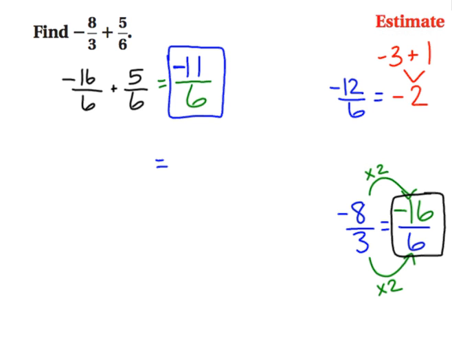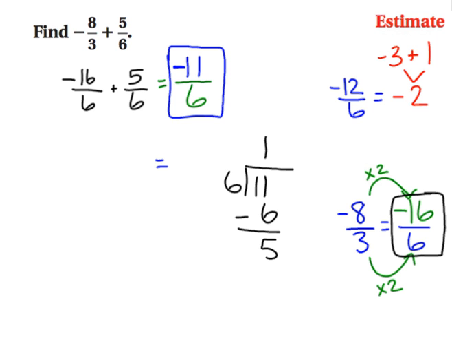you can divide 11 by 6. So 11 would go inside the division box, 6 would go on the outside. 6 goes into 11 one time. Sorry, 1 times 6 is 6. And when you subtract, you get 5.